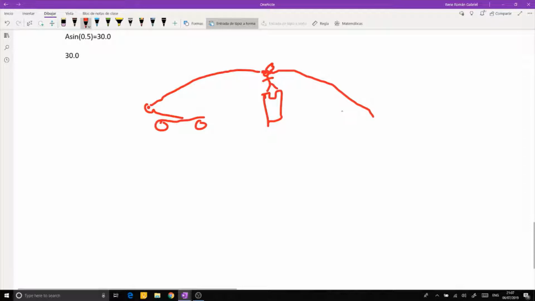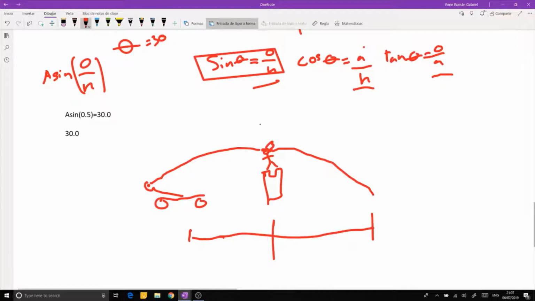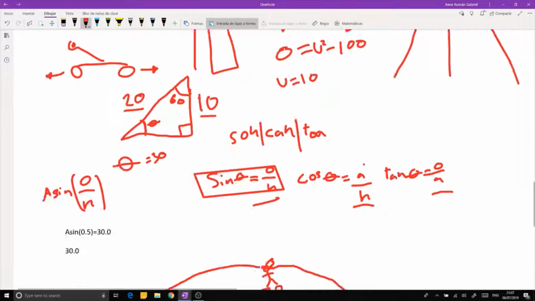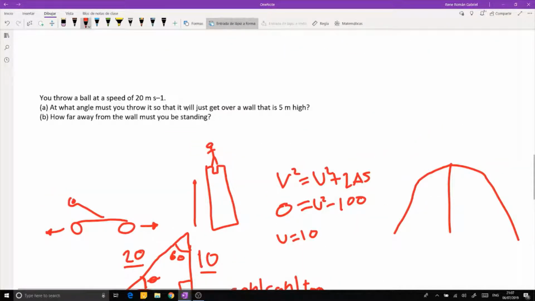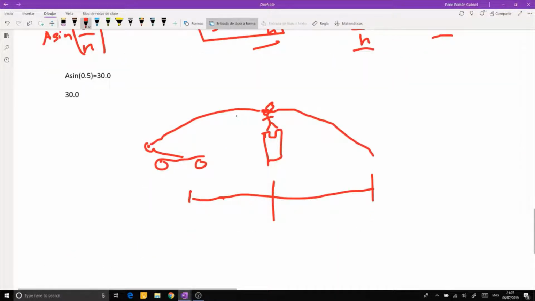So we would calculate the range, which is just the distance traveled, and from the range you would just do half of it, because they say the highest point, and the highest point is always at half of the distance. So we do the range divided by 2.